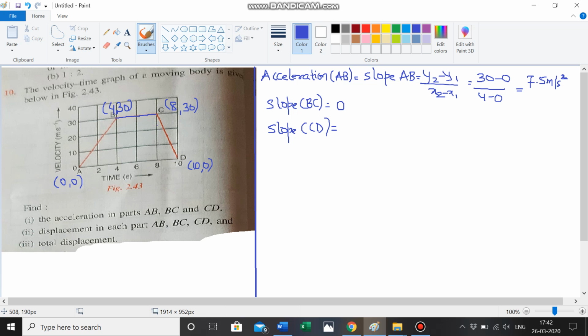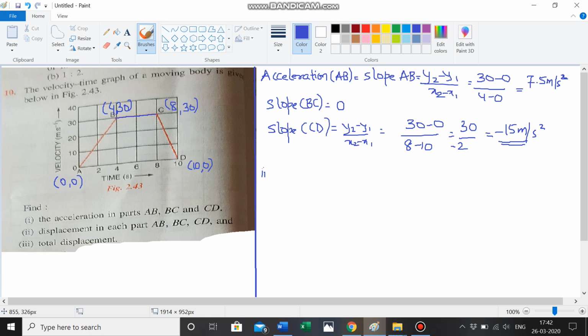It is going down. But still let's calculate it. y2 minus y1 upon x2 minus x1, which is 30 minus 0 upon 8 minus 10, which is 30 upon negative 2, which is negative 15 meter per second square, which means it is a negative acceleration, or I may also call it deceleration.